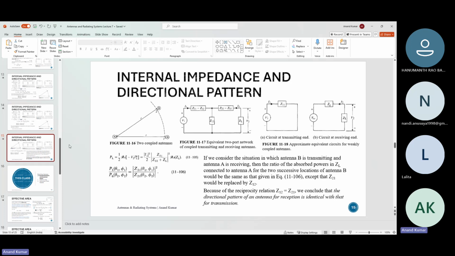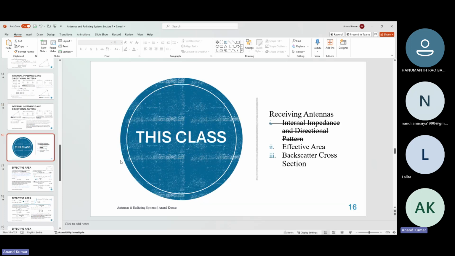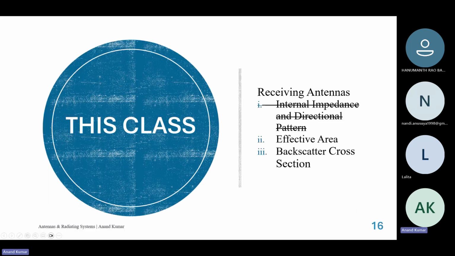If there are any questions, you can ask them here or in the group. So we'll start from here. The effective area and backscatter cross section.